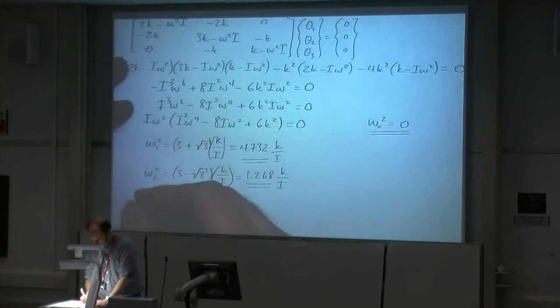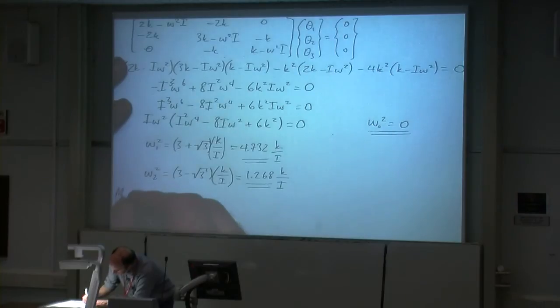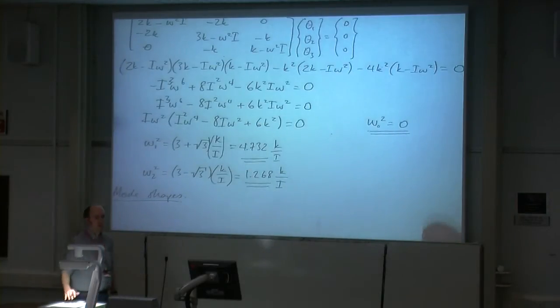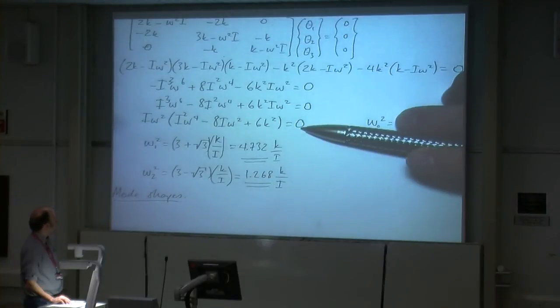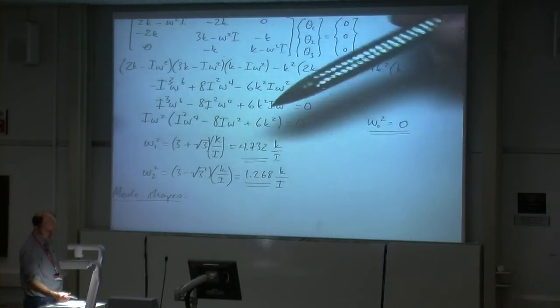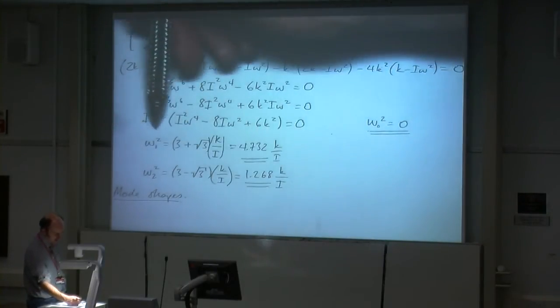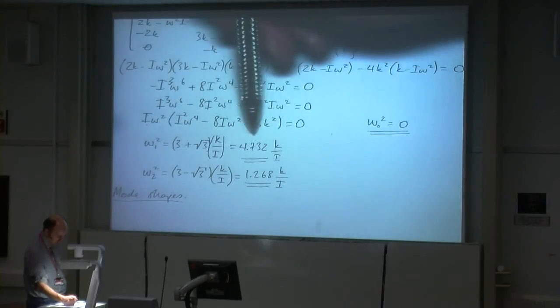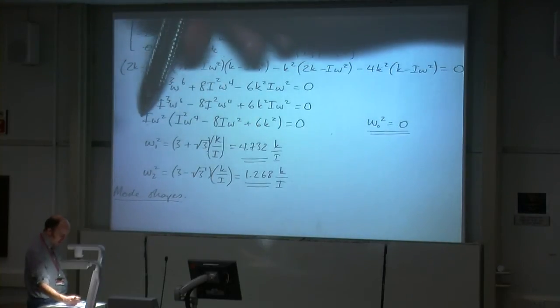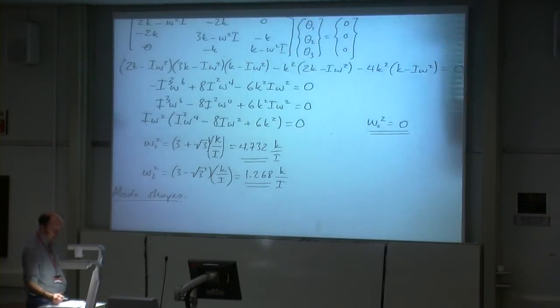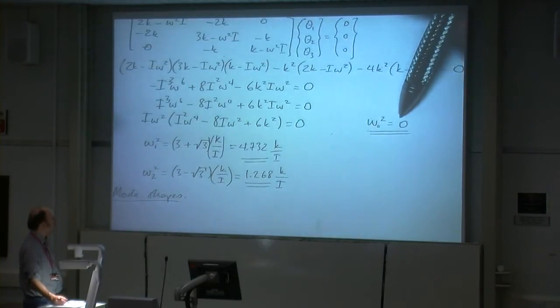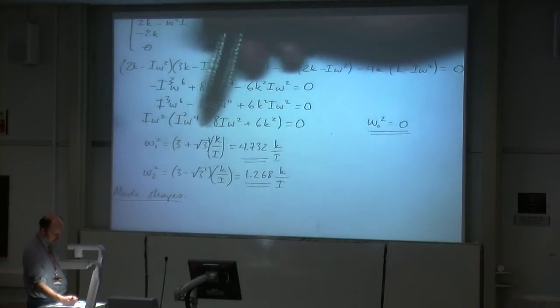And the next part is the mode shapes. Have you got that natural frequency again, then? How do I get the natural frequencies? Okay. I have an equation here. This equation is only valid if this equals 0 or this equals 0. Now, if this equals 0, omega must be 0, which gives me this one. That leaves me with a quadratic.